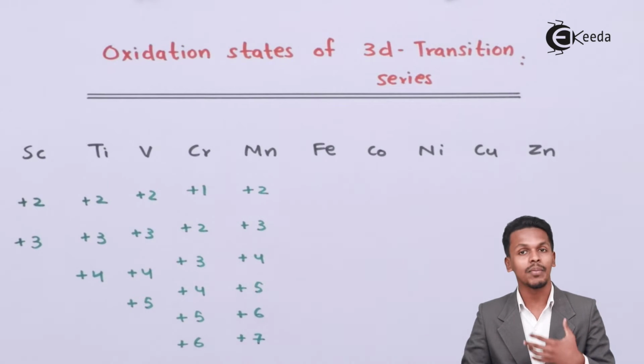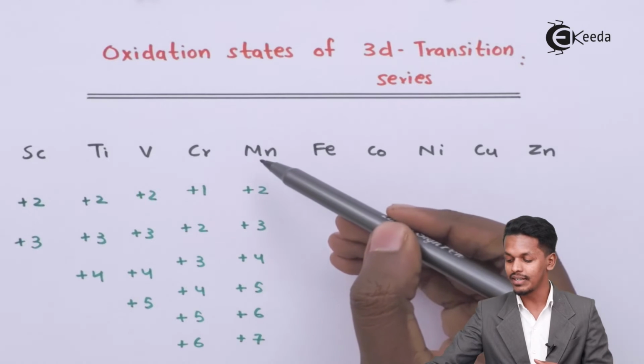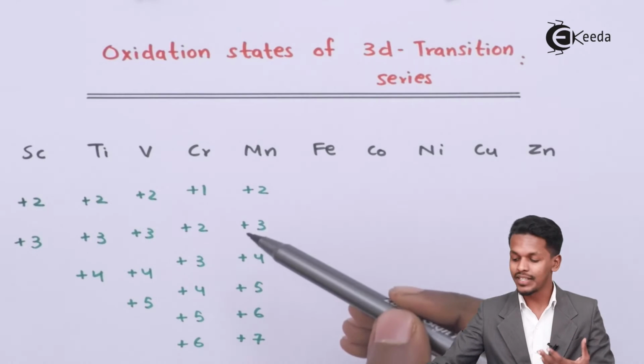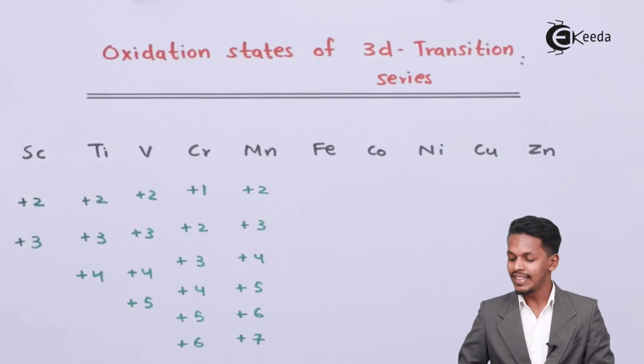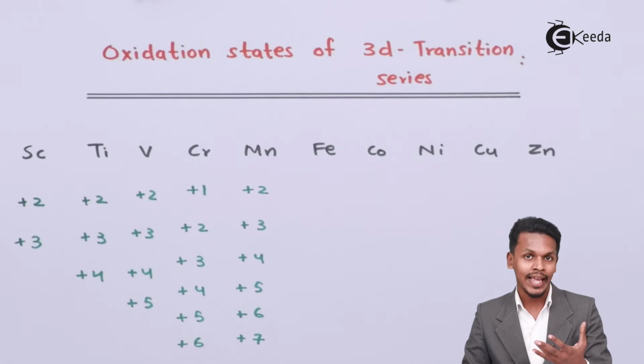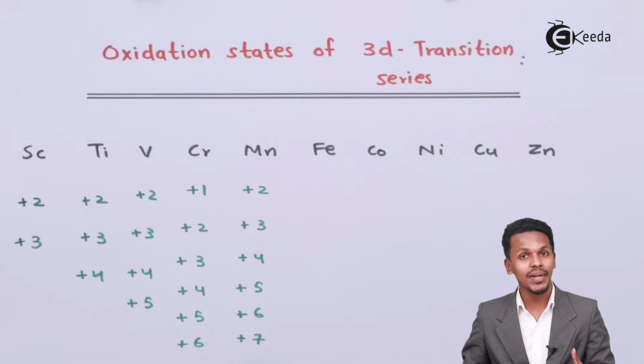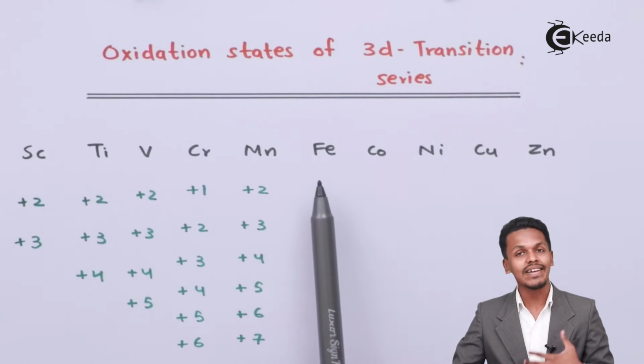That is the range of oxidation states that could be exhibited by manganese. So manganese has the highest oxidation state, up to +7.